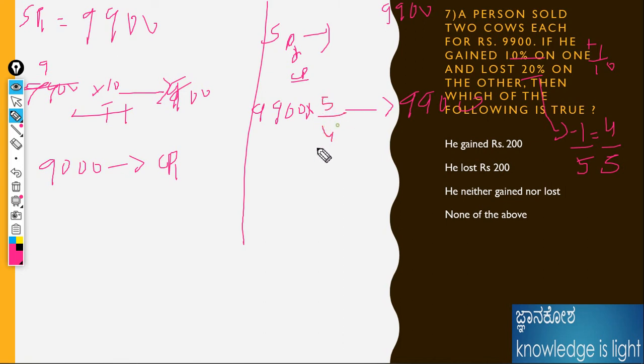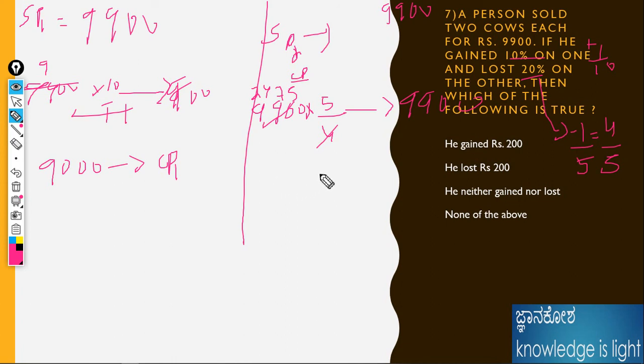5 by 4 of 9,900. How do we calculate? 4 into 8, 1 carry, 4 sixteens, 3 carry, 4 sevens are 28, then again 2, and 4 fives are 20... 5 sevens, 5 into 5. What would be the thing?